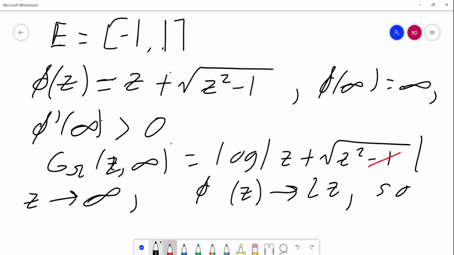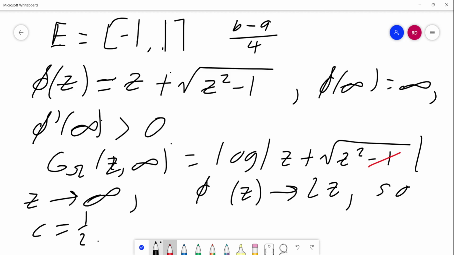So the capacity is 1/2. And that's consistent with the more general formula, which is b minus a over 4. In this case, b minus a is 2, over 4 is 1/2. B and a being the endpoints.